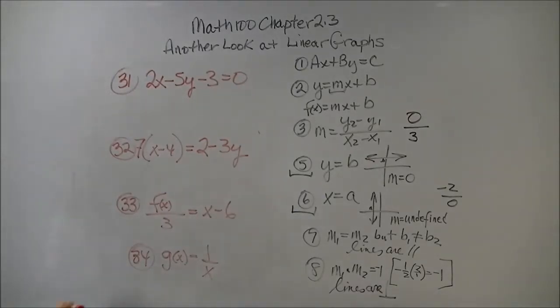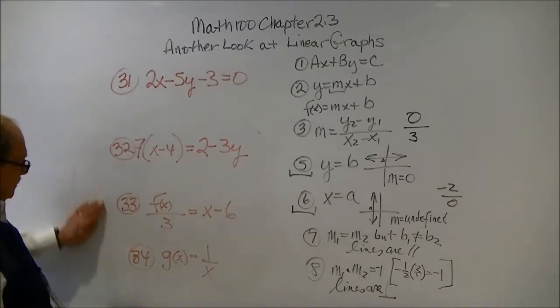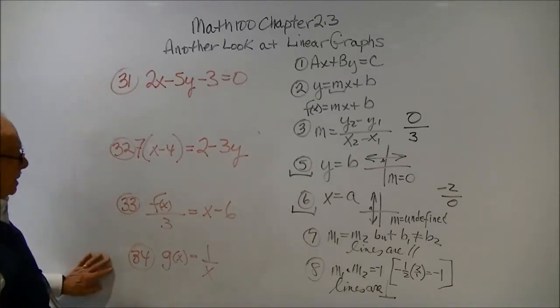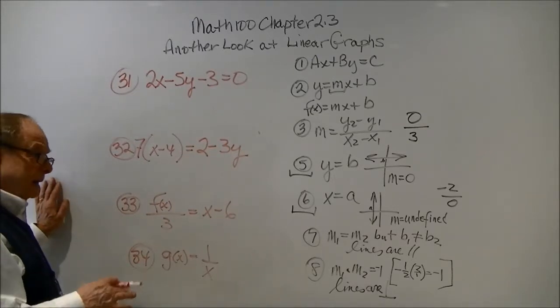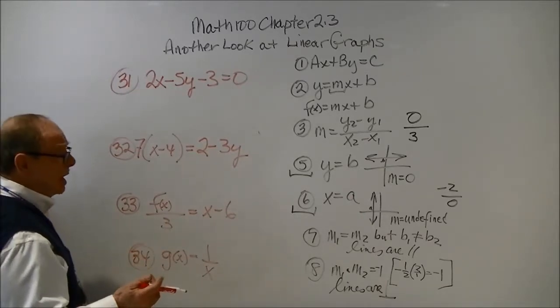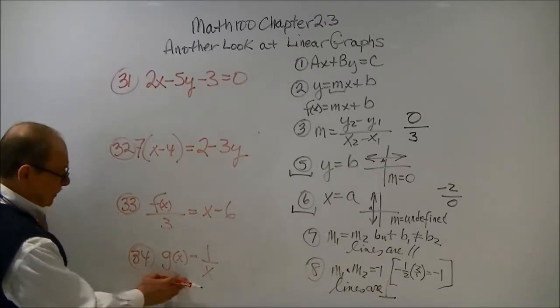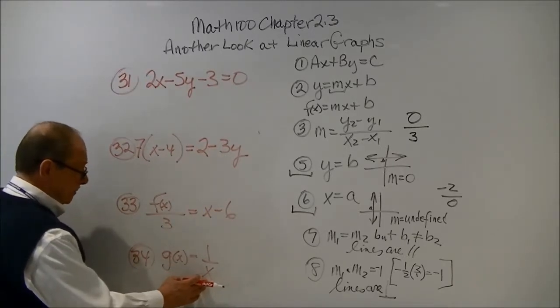My black pen was dying on me, so I had to change to red. What we're doing for these is determining if these equations are linear or not linear. We don't see any power to the second power, but 34 down here has a variable in the denominator.